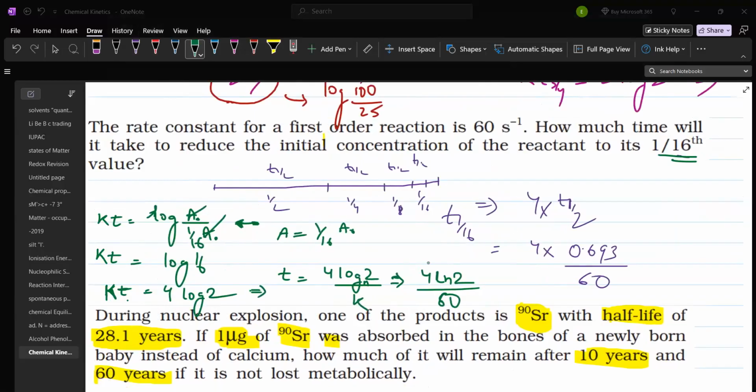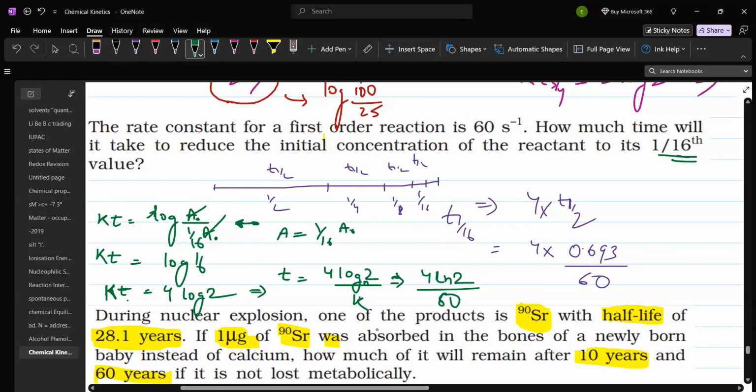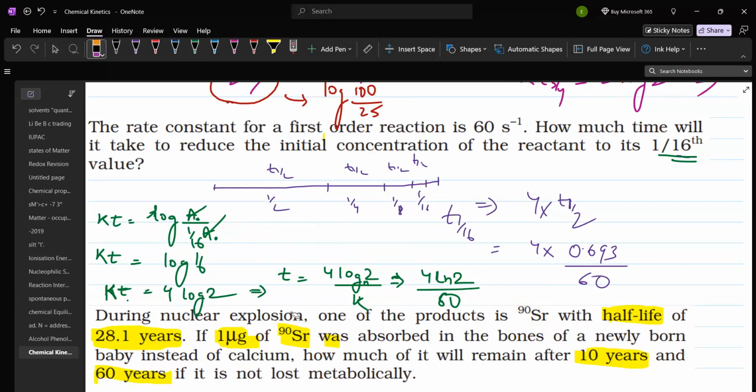Any problem in any step? No, sir. So Zana, in which step were you stuck? And Rishita? The last calculation.